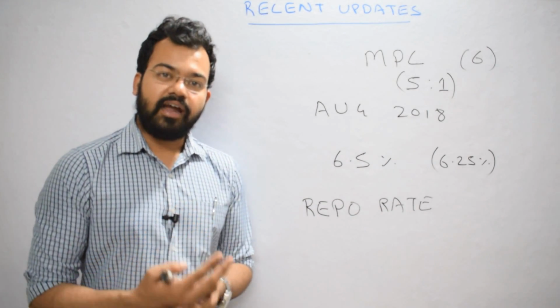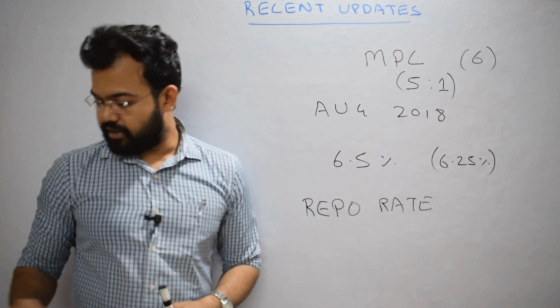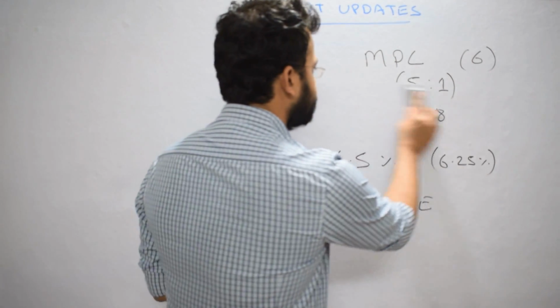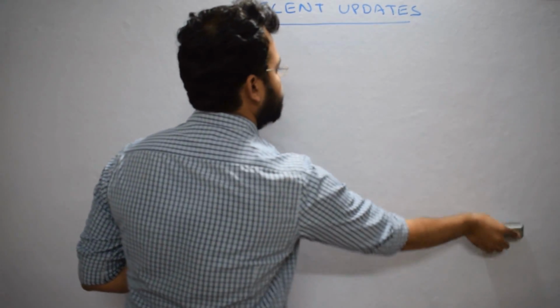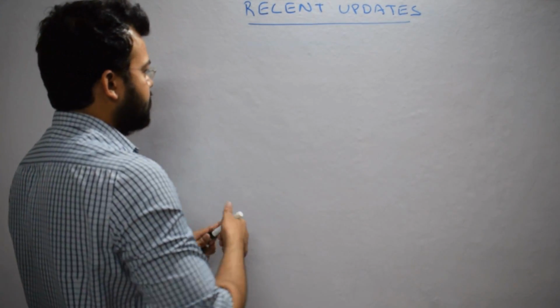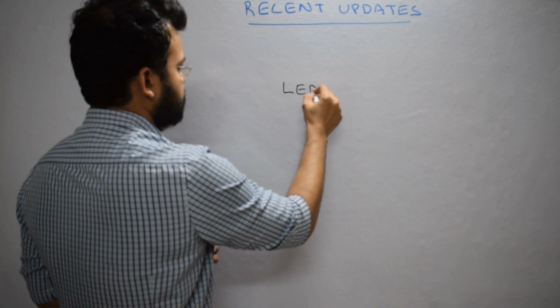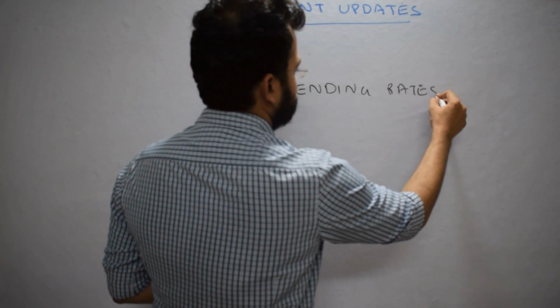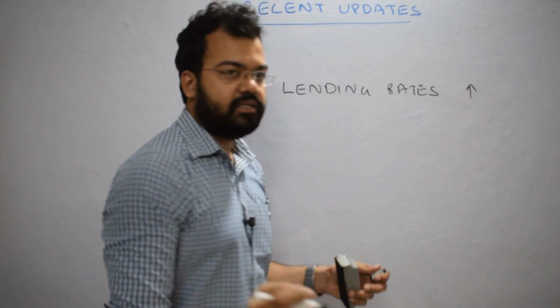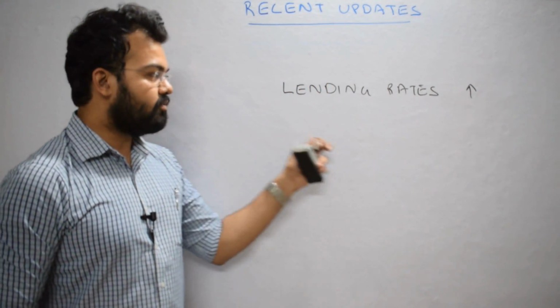Now what are the effects of this hike in the repo rate? First of all, it will increase the lending rates of the commercial banks. So lending rates will go up. These are the cause and effect relationships of the repo rate.